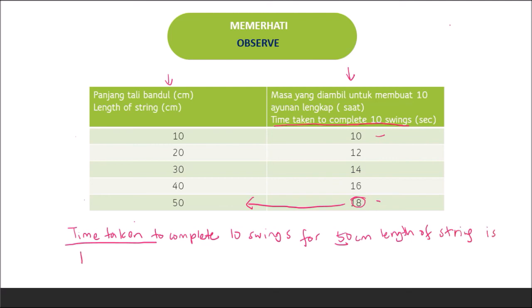So we can say that time taken to complete 10 swings, we take from here, for 50 centimeter length of string is the longest. The time taken for this one is the longest, right? Understand? This is how you make an observation. That's all for the observing science process skill.